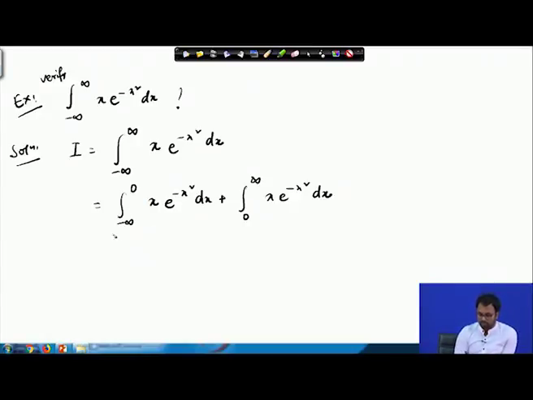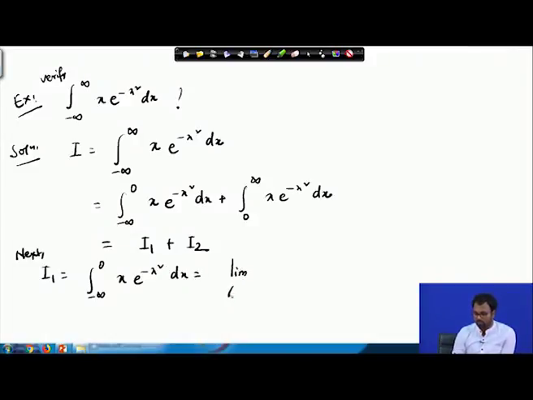Now, I can call this one I1 and this one I2, and then I evaluate I1. So, next we evaluate I1, which is the integral from minus infinity to 0 of x e to the power minus x square dx. If I follow the previous definition, then I can write it as the limit a goes to minus infinity of the integral from a to 0 of x e to the power minus x square dx. This is a traditional method of substitution example.